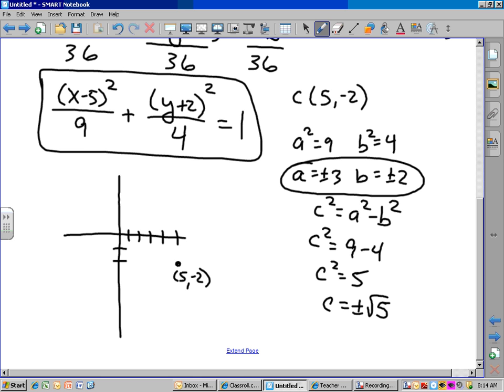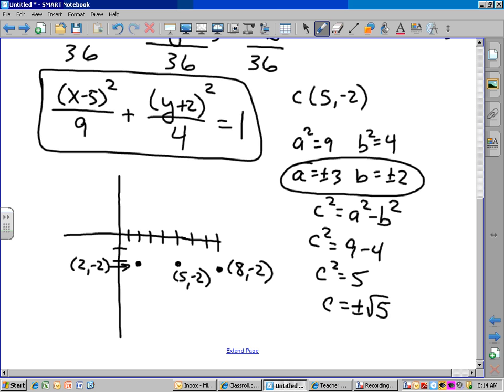So we're going to add 3 to the x. Subtract 3. So 5 minus 3 is going to be the point 2, negative 2. Adding 3, 8, negative 2. So that's our major axis vertices.